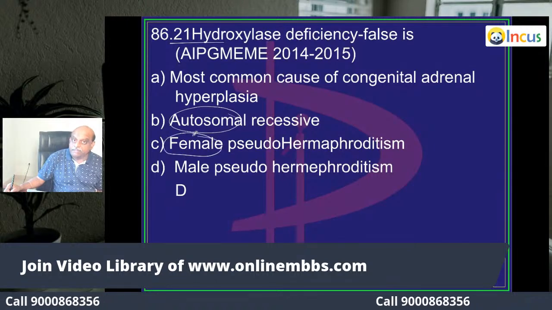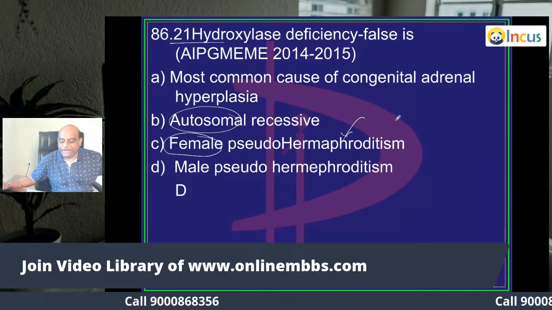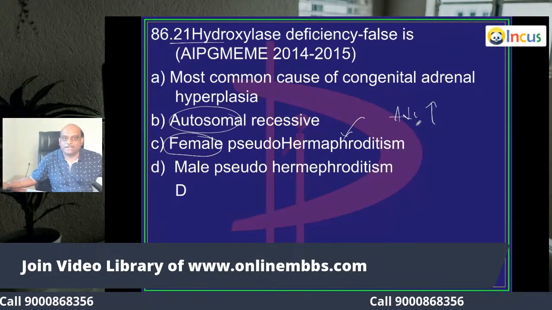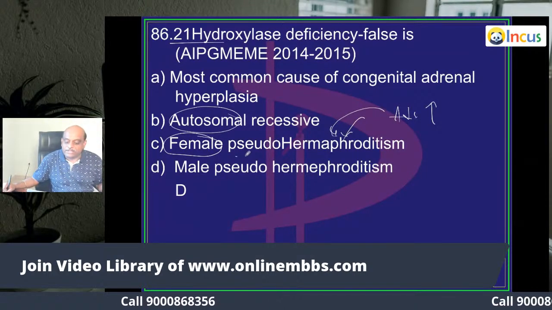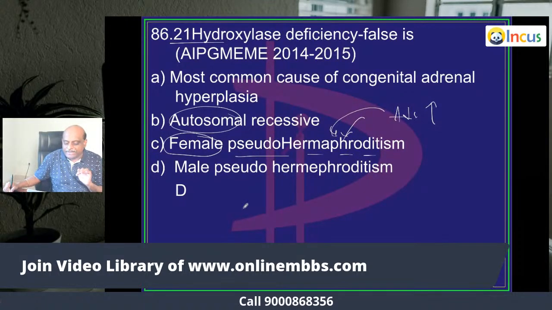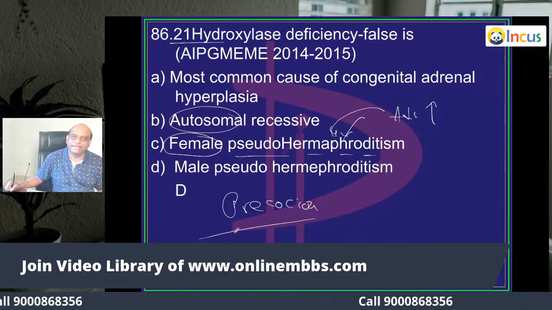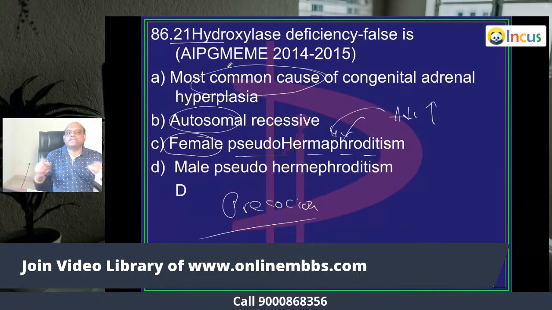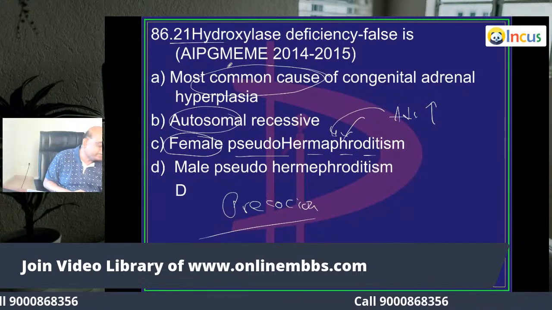It can lead to female pseudohermaphroditism because the adrenal androgens increase in a female, which leads to clitoromegaly, and hence female pseudohermaphroditism can occur. In a male child, it leads to precocious puberty. And the most common cause of congenital adrenal hyperplasia is 21 hydroxylase.